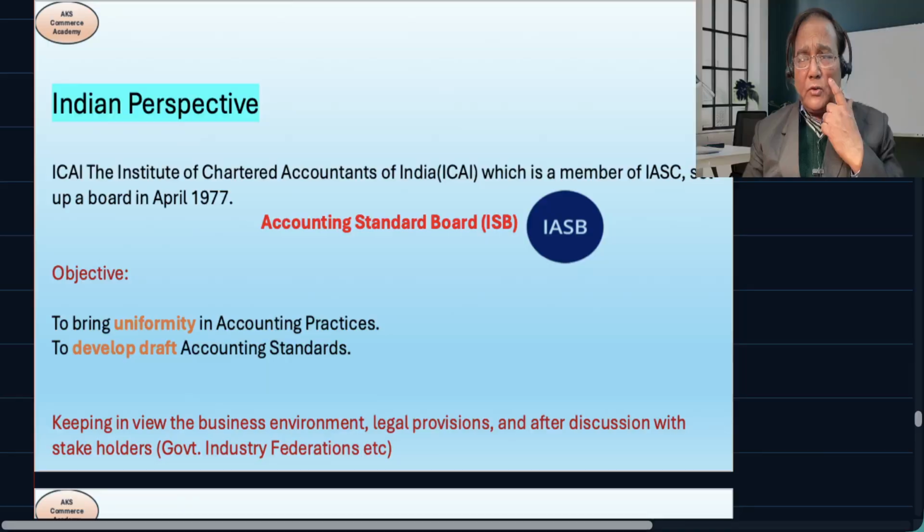Now let us also understand it from the Indian perspective. We have seen it from the global perspective. Now the Indian perspective: the Institute of Chartered Accountants of India, which is a member of IASC, set up a board in April 1977.